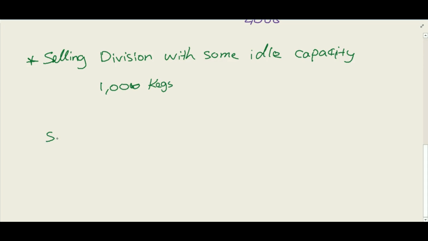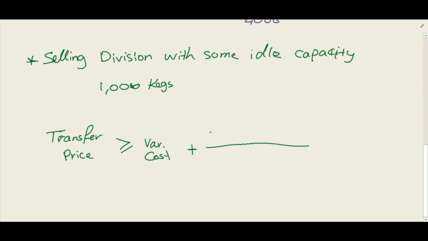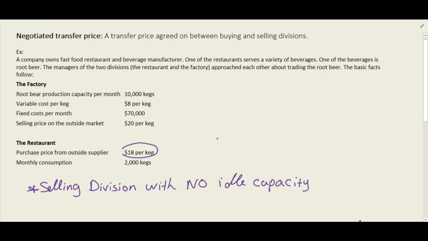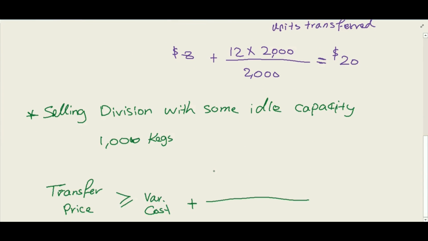So the transfer price should be anything more than or equal to the variable cost plus the CM foregone, divided by the number of units transferred.